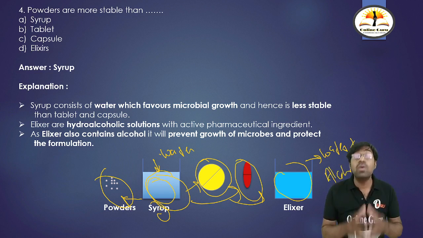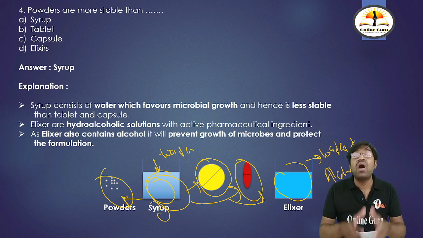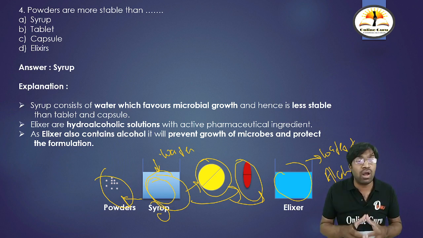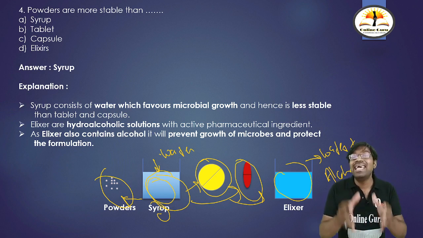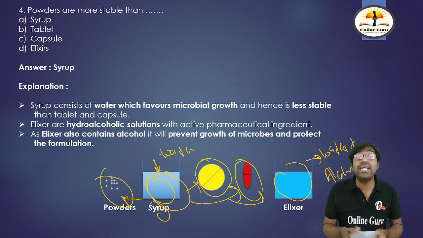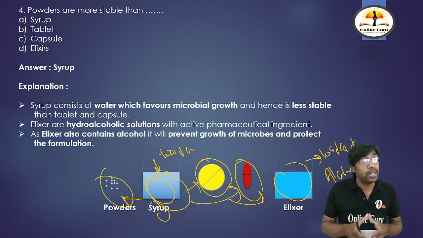And as you know, alcohol will cause the destruction of microorganisms. It will have a lethal impact on the microorganisms. Also, it is going to inhibit the growth of microorganisms. Hence, elixir will have somewhat greater protective action. They have greater stability as compared to syrups.